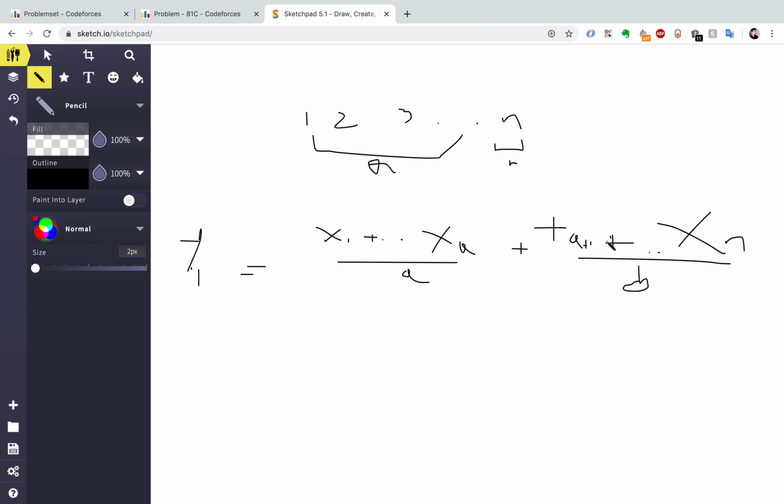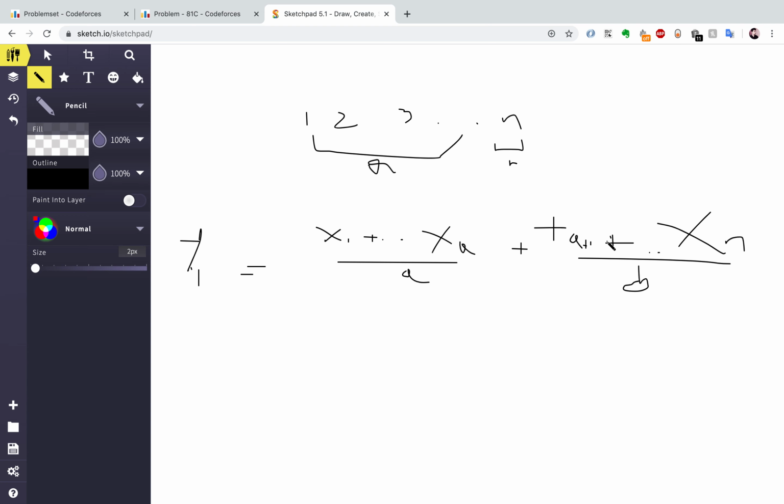Let's try to find the difference between y1 and y2. Most of the part got cancelled out. What remained is xa+1 over a plus xa over b, and here it was opposite: xa over a minus xa+1 over b.